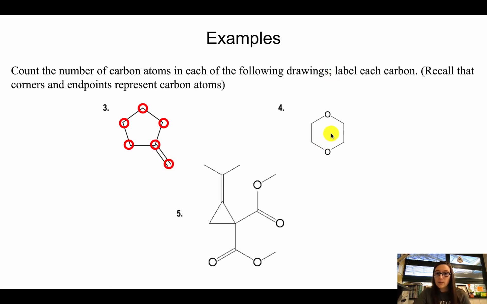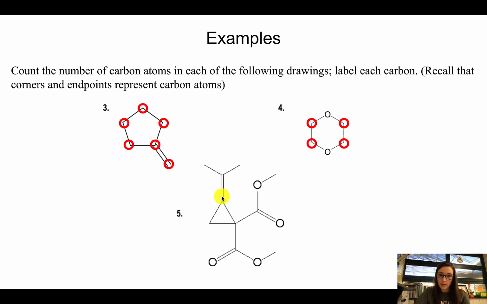We take a look at example 4. Notice we have 2 oxygen atoms as part of this structure. Well, oxygen isn't carbon. So we have 1, 2, 3, 4. Example 4 has 4 carbon atoms. Now example 5, notice all of the oxygens that we have here. Every other endpoint and corner will represent a carbon atom. So 1, 2, 3, 4, right?